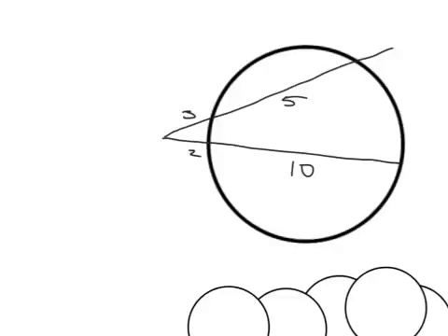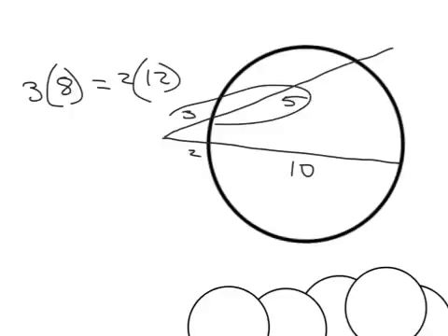What is equal here is the outside segment. Let me write that again. The outside or external segment times the sum of the segment, 8, equals the external times the sum.